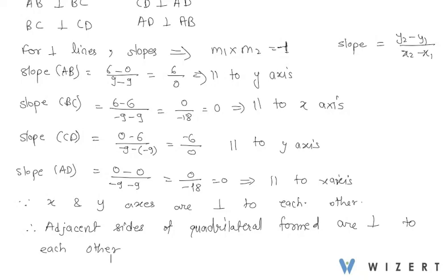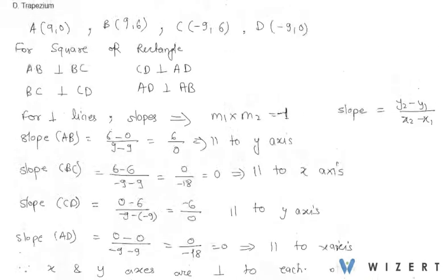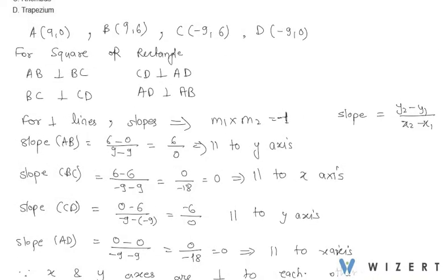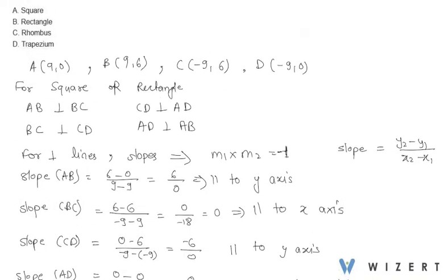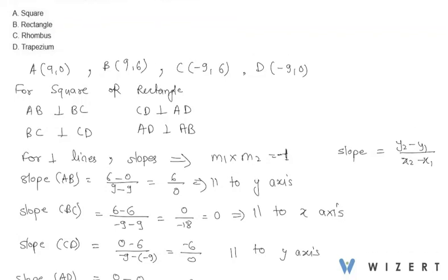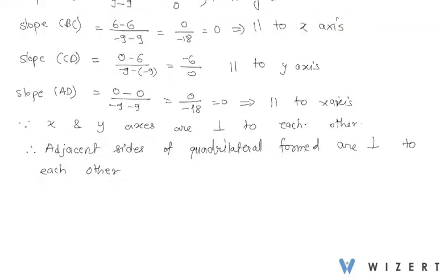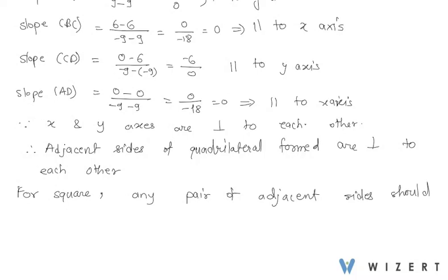Now if any two adjacent sides have the same length, we can say that the given quadrilateral is a square. So for a square, any pair of adjacent sides should be equal in length.